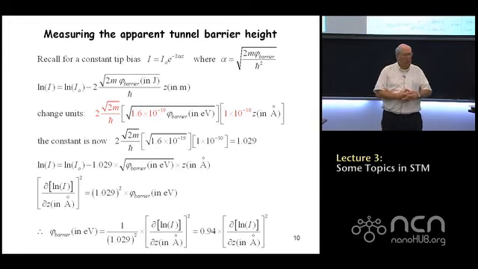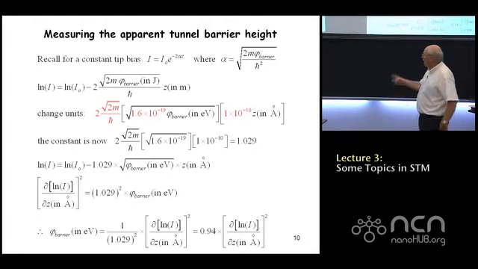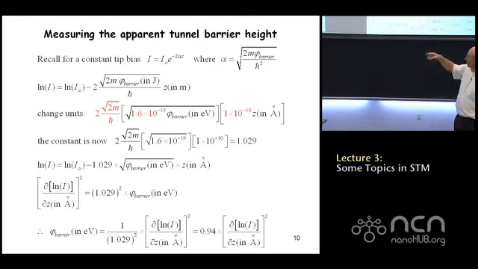And so if you're in the business of trying to measure the exact value of that barrier height, the way to do it is to measure how the current varies with z, take the slope of that, the derivative of the natural log of I with respect to z, square it, divide by this 1.029 and you'll end up with an expression on the bottom which tells you what the barrier height in electron volts is.